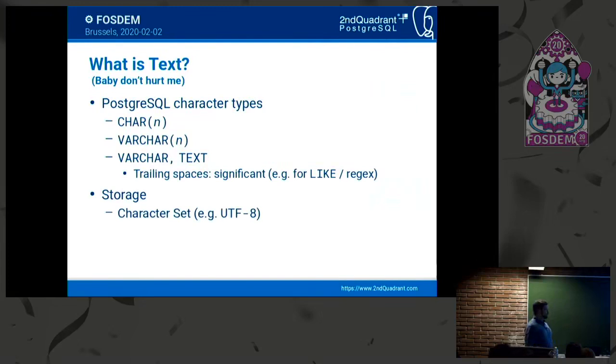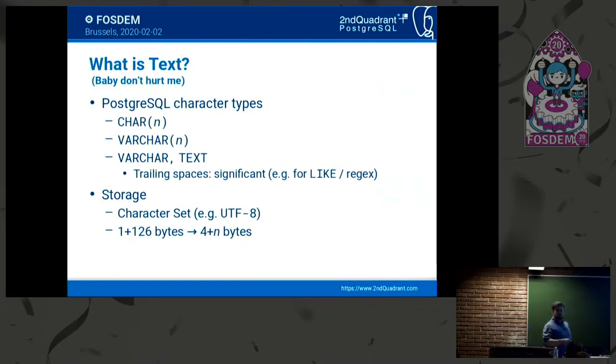How are they stored? Depends on the character set. There are multi-byte encodings, like UTF-8, that will use 1 byte for Latin text, or 2 bytes for other languages, or as many as they add in the end with all these emojis and stuff that they keep adding. The storage is 1 byte plus the length of your string in bytes, not characters, so up to 126 bytes.